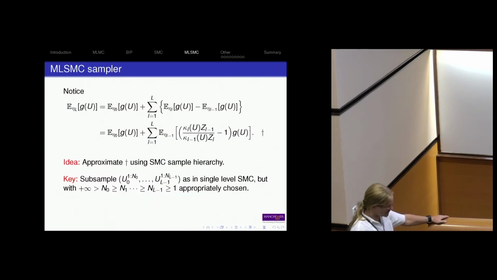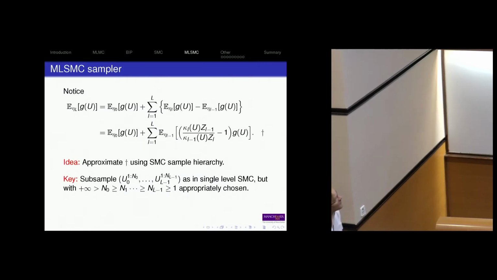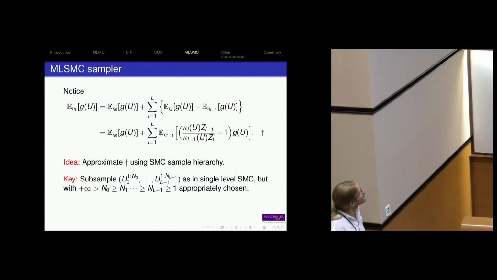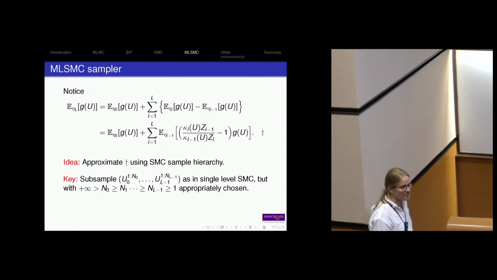So maybe you can see where we're going with this. Coming back to that multi-level Monte Carlo estimator, we represent the expectation with respect to level L in terms of this telescopic sum. And now we're going to approximate this telescopic sum. These are each expectations with respect to one of the E_L's, using the SMC sample hierarchy.